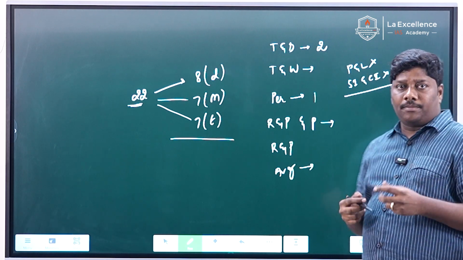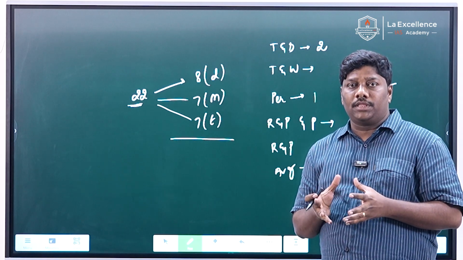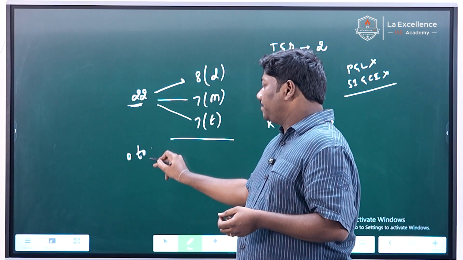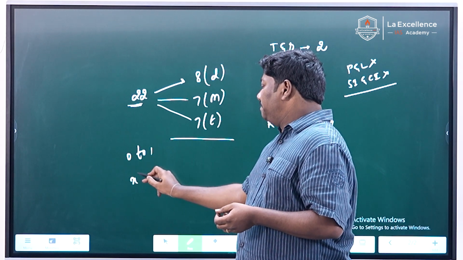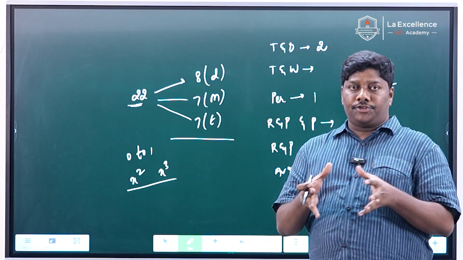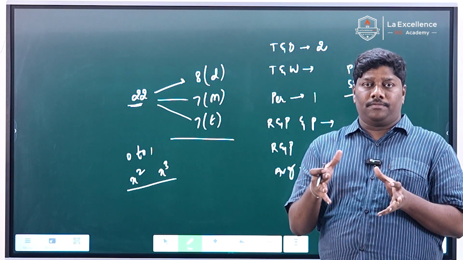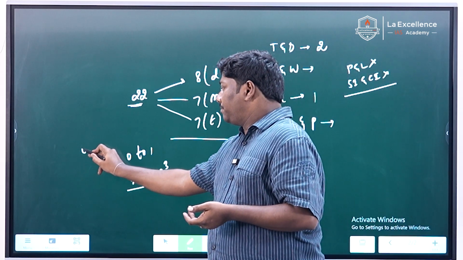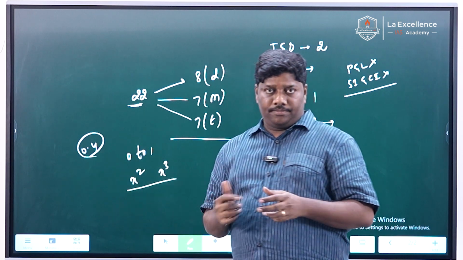And there is one question from algebra, okay, with a bit of use of properties of numbers. It asks you, if a number is between 0 and 1, whether x is greater, x square is greater, or x cube. Usually you think that it is x cube, but for numbers between 0 and 1, like 1 by 2, 1 by 3, or 0.1, 0.2, if you take 0.4, you get your answer, okay?